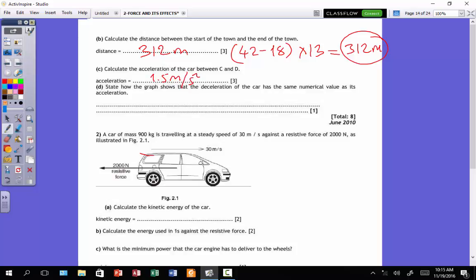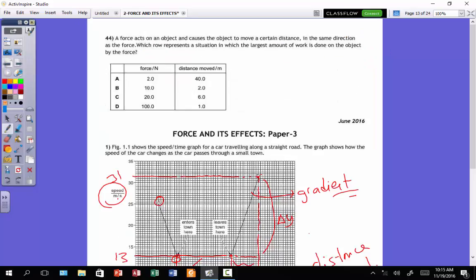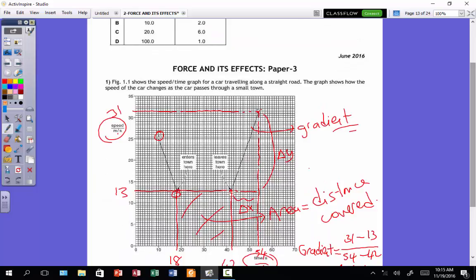State how the graph shows that the deceleration of the car has the same numeric value as its acceleration. When we find the gradient between A and B, this is 13, and we can choose this point.